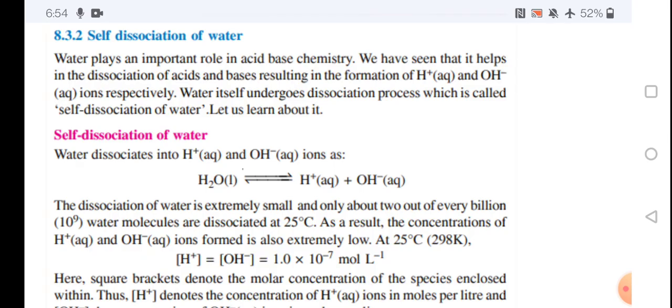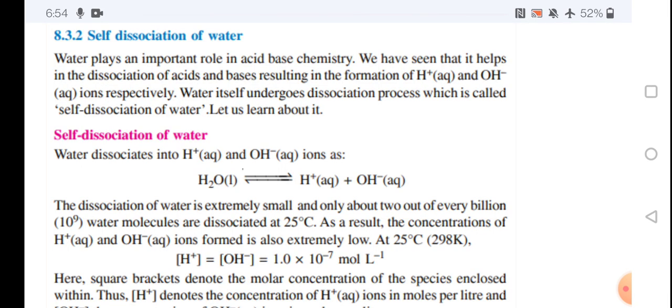The dissociation of water is extremely small, only about 2 out of every billion water molecules are dissociated at 25 degrees Celsius. That is, the value of the dissociation of water is very small.